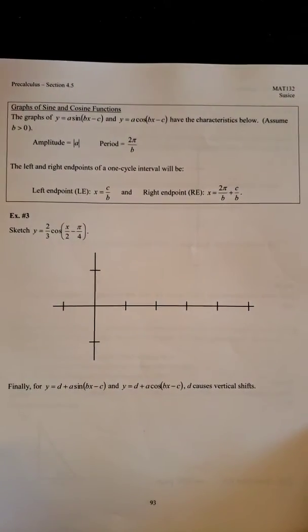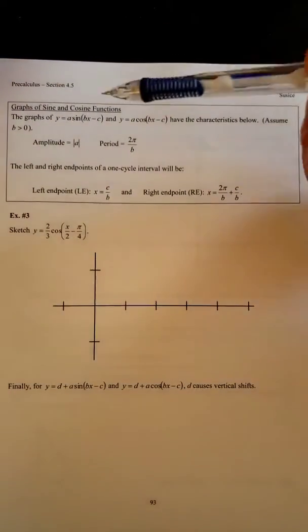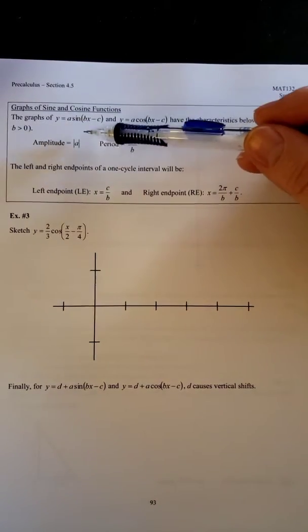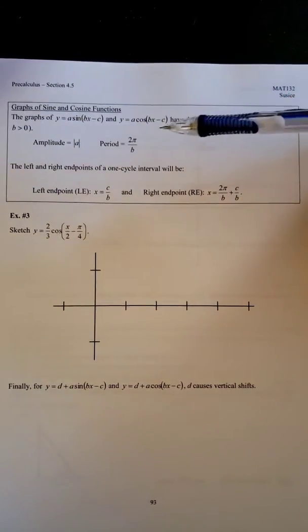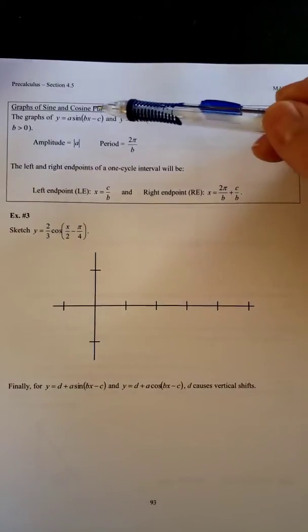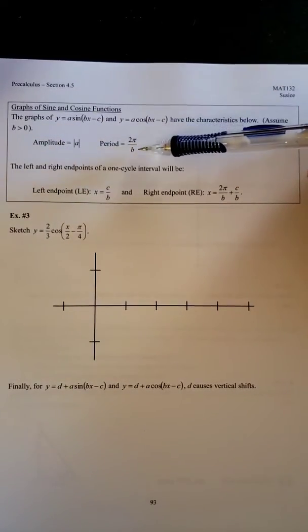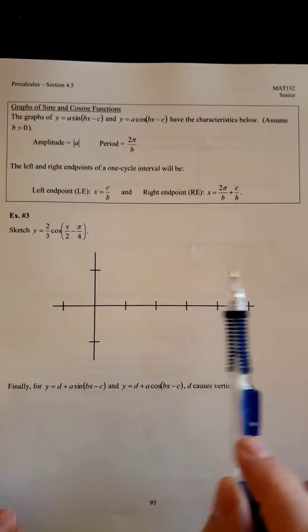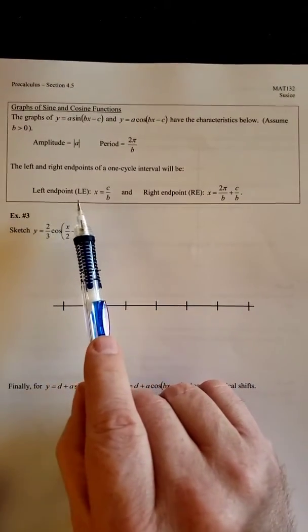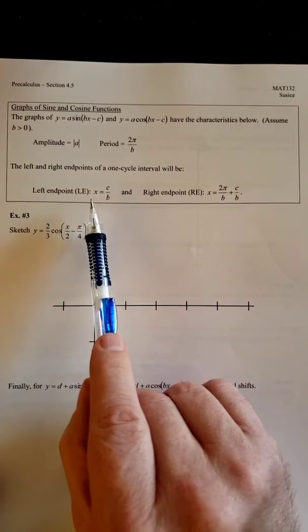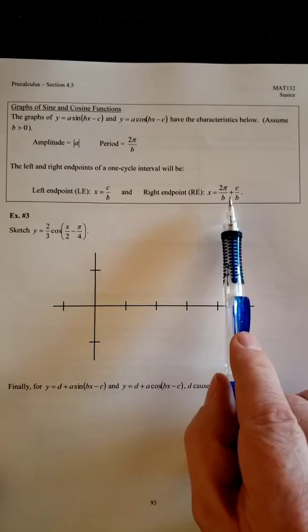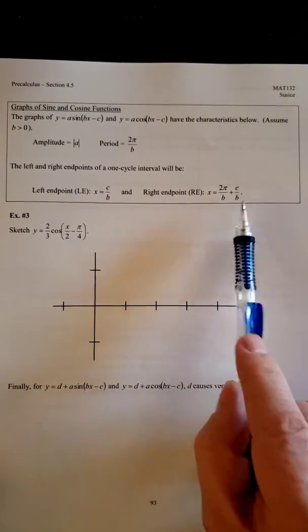So looking at the whole picture, A in front is going to be our amplitude. Be careful, make sure you have the absolute value of it though. Our period is affected by the value of b, so that's always going to be 2 pi over b. And now we have the shift left and right. The left endpoint of your cycle is going to be x equals c over b, and your right endpoint will be 2 pi over b plus c over b.